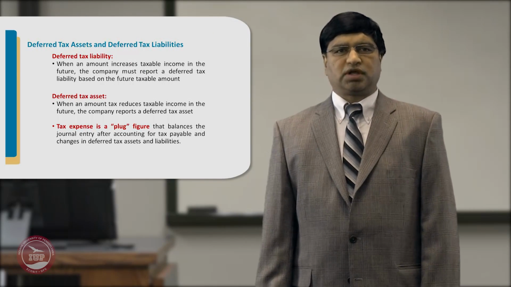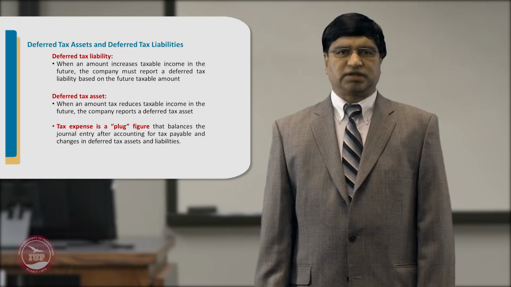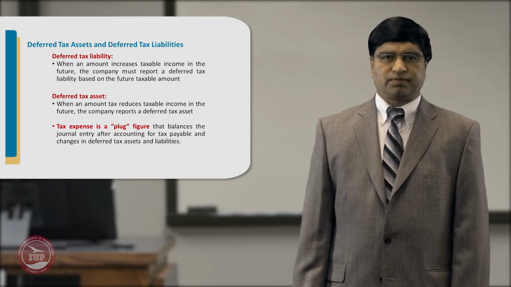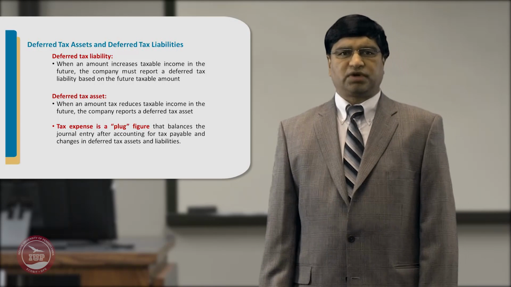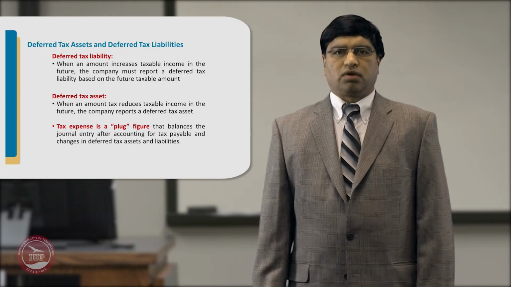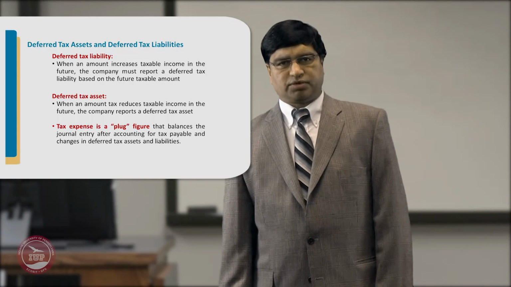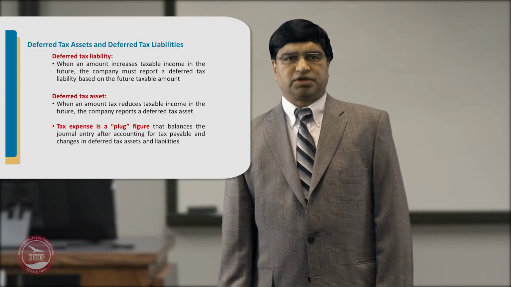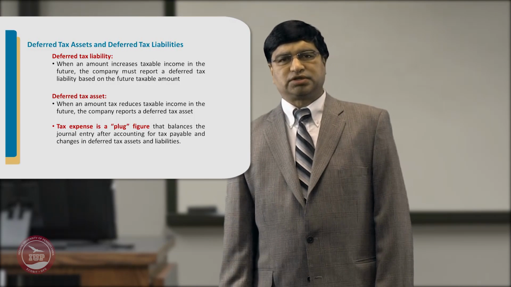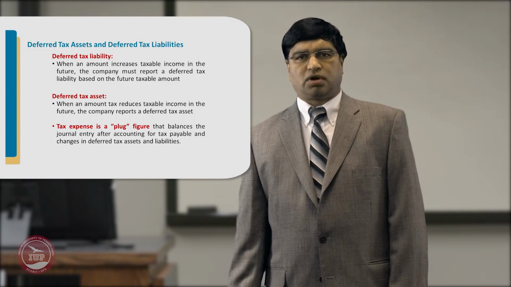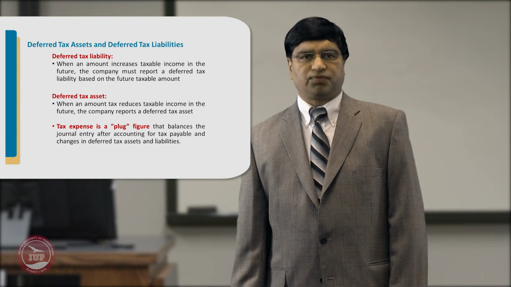This brings us to the definition of deferred tax assets and deferred tax liabilities. In terms of deferred tax liabilities, when an amount increases the taxable income in a future period, the company reports a deferred tax liability. So this is a liability which has to be paid, or which increases your liability in the future.